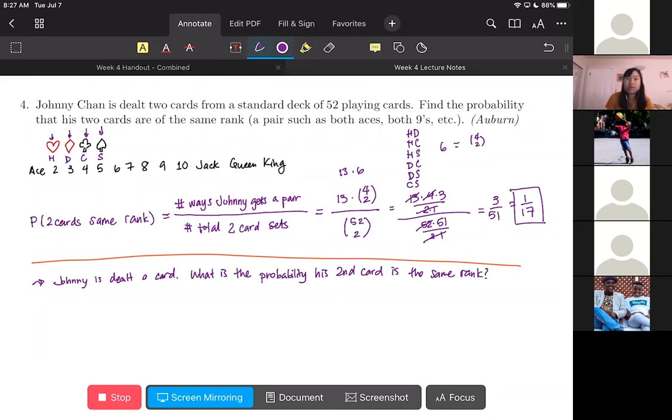And if we try to calculate this probability, we can use that formula. So basically, the probability of 2 cards of the same rank equals the probability his second card is the same as the first card.